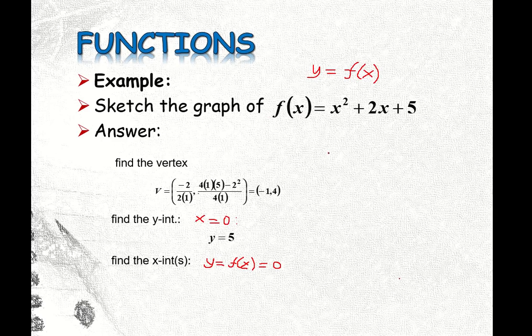Again, this is a quadratic equation. If you look at this, the value for x is none. So what does it mean? Why is it none? Can we apply the quadratic formula? When we apply the quadratic formula, the result is none.